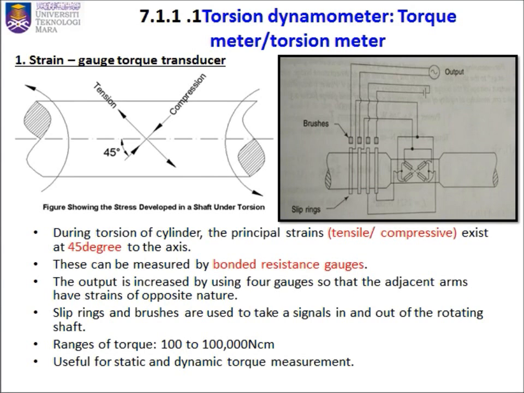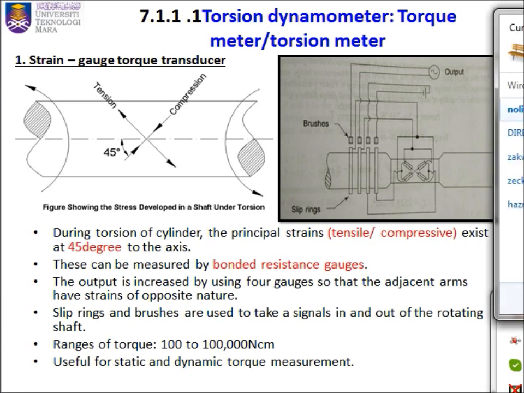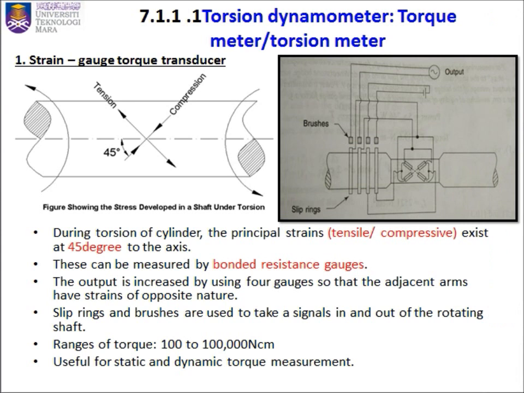Next we move to the torsion dynamometer, torque meter or torsion meter. This is the strain gauge torque transducer. As you can see here, during torsion of a cylinder, the principal strains, tensile or compressive, exist at 45 degrees to the axis. So what does torsion mean? Torsion is like twisting, right? Twisting. This can be measured by a bonded resistance gauge.